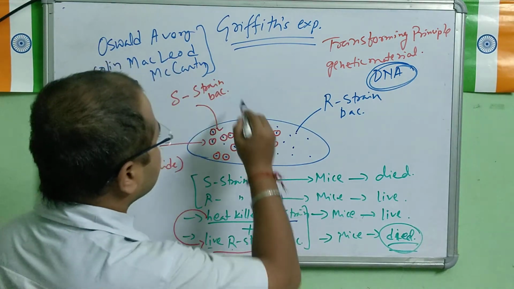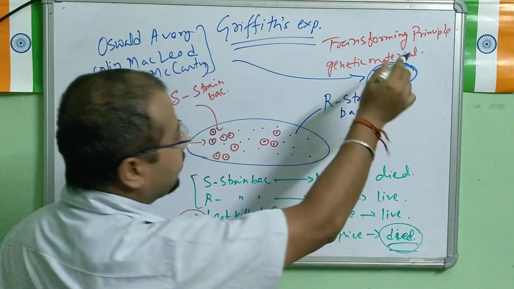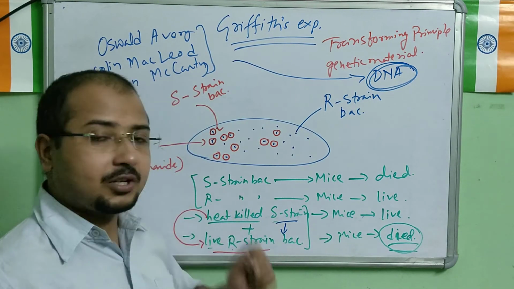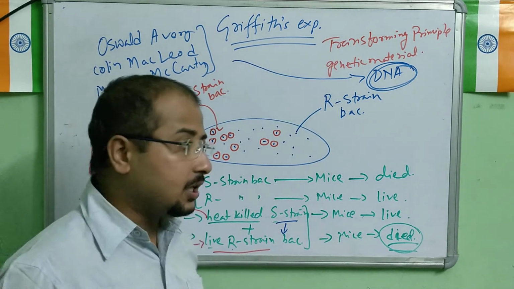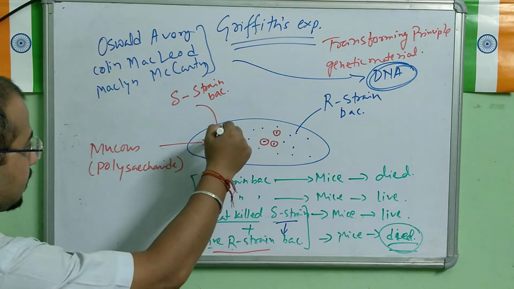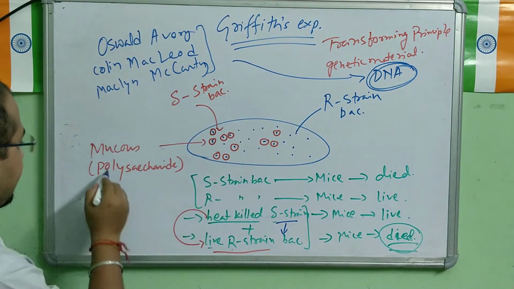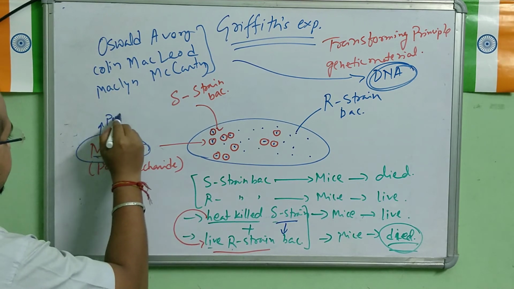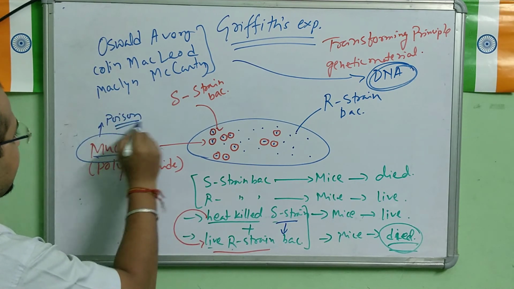Understood? So they concluded about this. They told about the DNA which is actually transferred from S strain to R strain bacteria and makes them poisonous. Actually, the smooth shining coating of mucus is the poison, produced by the DNA.